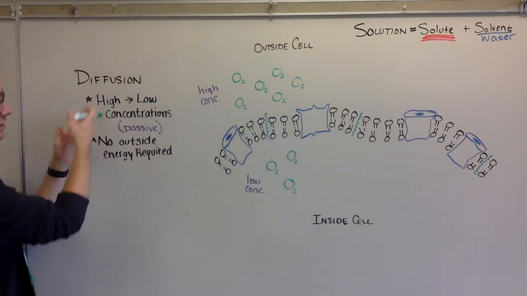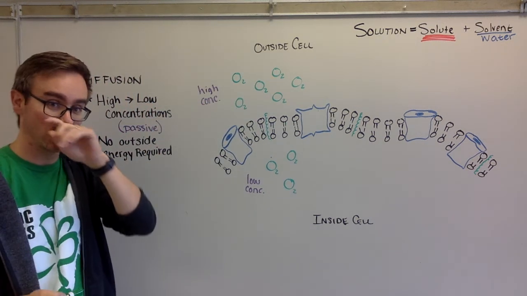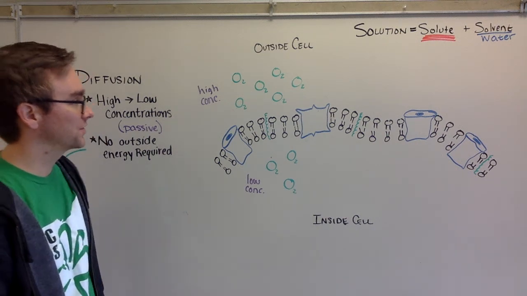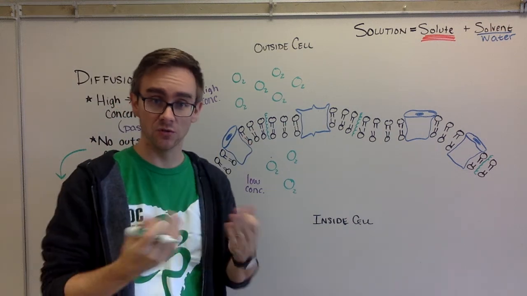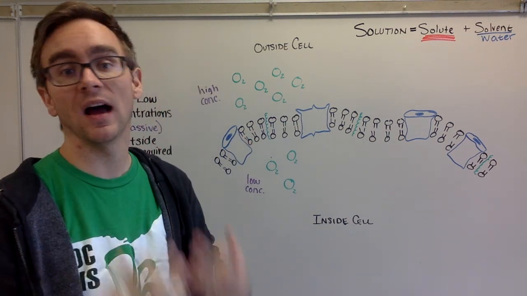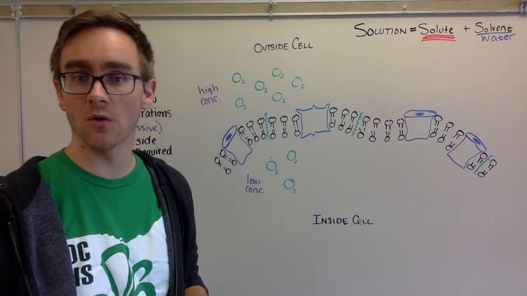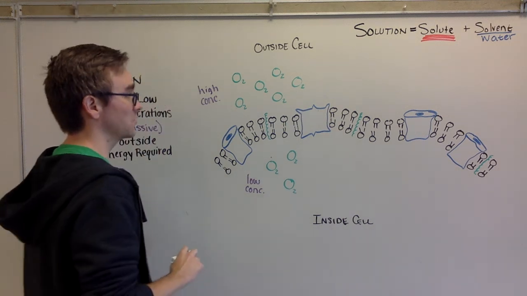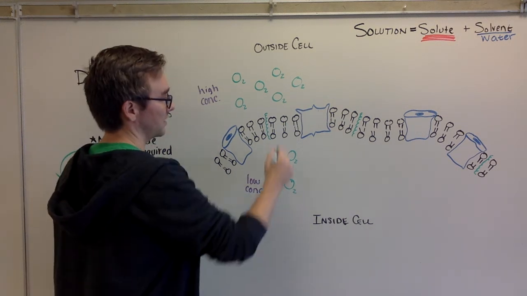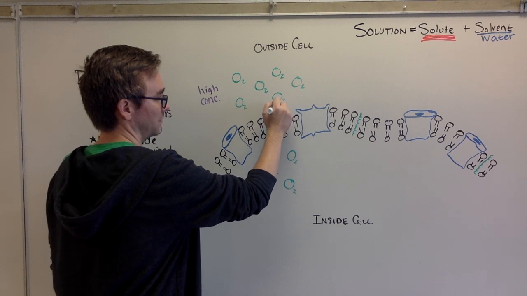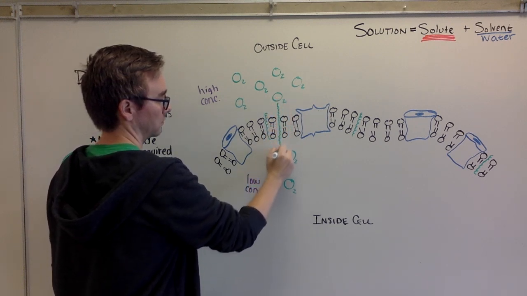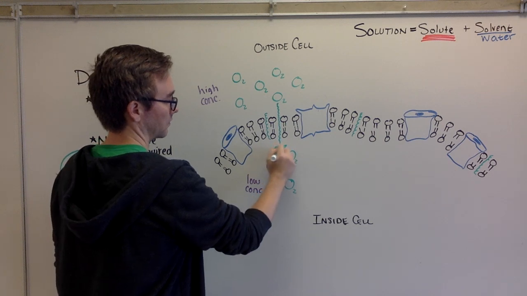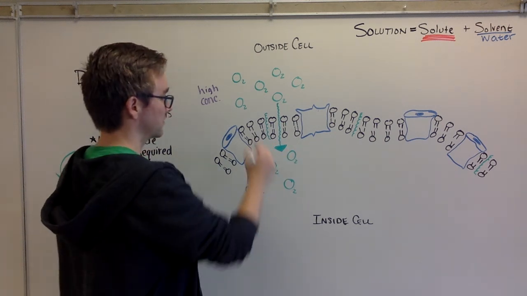Well, we just said diffusion is going to be going from high to low concentration, which means these molecules here, oxygen, are very small. It's only 2 atoms, 2 oxygens together. It is not ionically charged. There's no ions. And so because it is small, it is able to just fit in between those phospholipids.